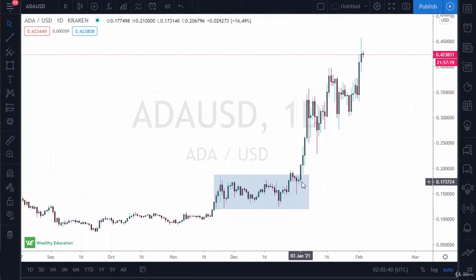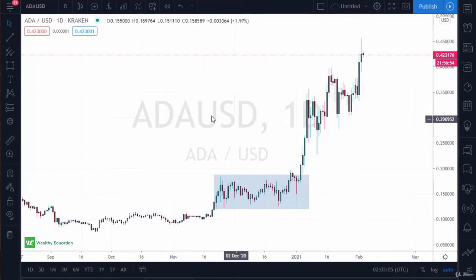So that is the difference between being aggressive and being conservative when it comes to these moves. Either way, it really comes down to your risk to reward type of strategy. But clearly, this is a market that took off hard to the upside.